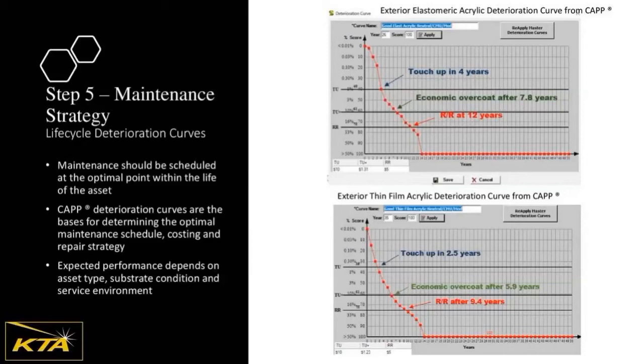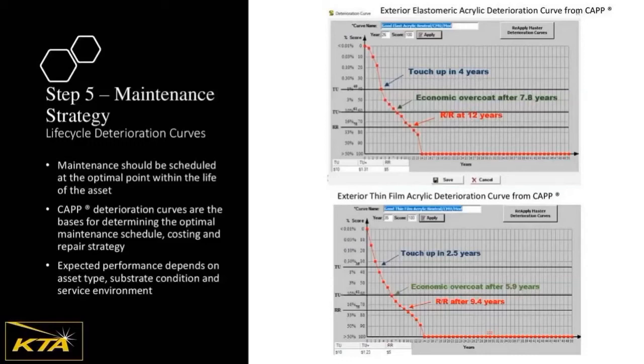So for the elastomeric, the touch-up point is around 4 years, and the overcoat point is between 7 and 8 years. So if maintenance is deferred after 8 years, some degree of removal and replacement is expected, with full removal and replacement expected around year 12.